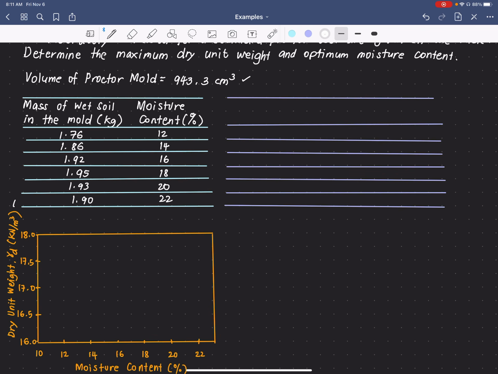We need to solve for the moist unit weight first, and then calculate the dry unit weight for each value of moisture content. So I have prepared another table here for us to calculate the wet unit weight, or the moist unit weight, of soil. To do that, let us convert first the mass of wet soil into the weight of wet soil.